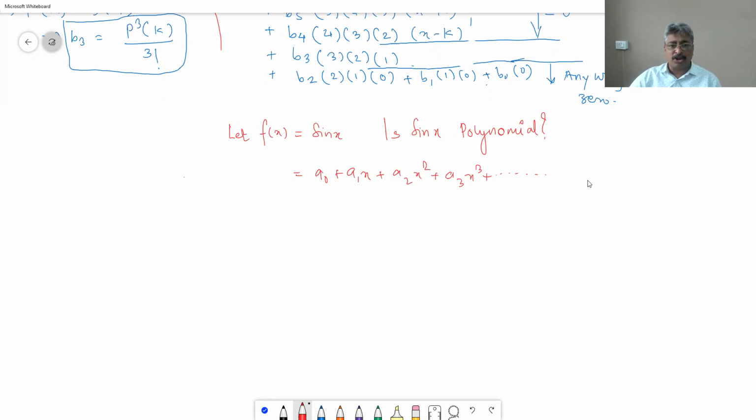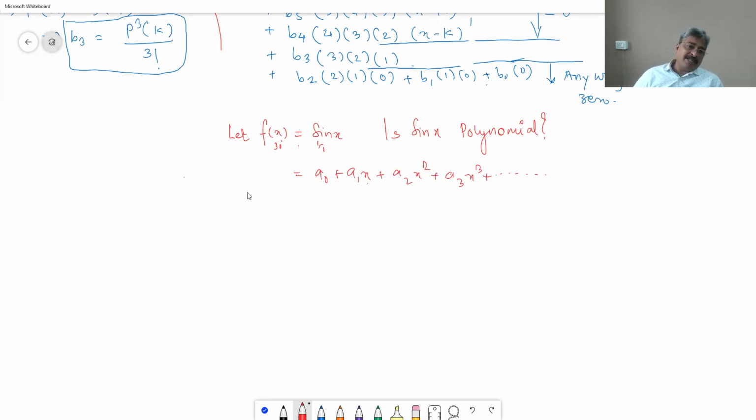I don't know where to stop, but if I put the value x equal to say 30 degrees here, I get sin x equal to half. And if I put x equal to 30 degrees in whatever expression I find, and if I still get the value half, I am done. I can ask the computer to behave like this when somebody asks it to behave like f of x equal to sin x.